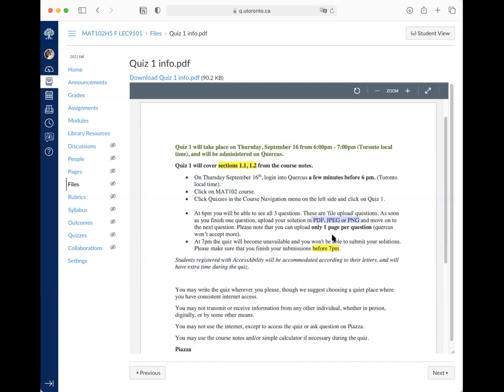So I am quite experienced, and I can tell you that if you use any other file, such as a picture, when you submit on Quarkus, it might automatically change to another file which nobody can open. I don't know if you guys understand me. So even if you submit a picture, it might turn into a really weird file that we cannot download, we cannot open, and nobody can do anything about it.